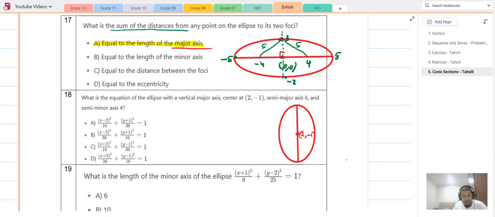Semi-major axis is 6 and semi-minor axis is 4. I should just call it major axis and minor axis, right?